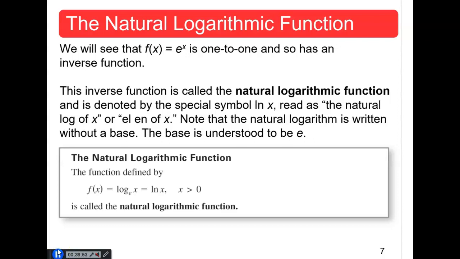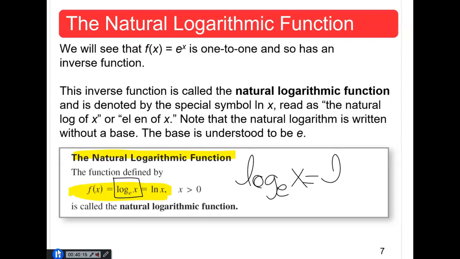The natural logarithmic function, it is also a one-to-one. And we have the equation written down here, so make sure you have that for your notes. And just so you know why we have here two different expressions, first we're showing how if it says log base e, it is automatically going to be called natural log.